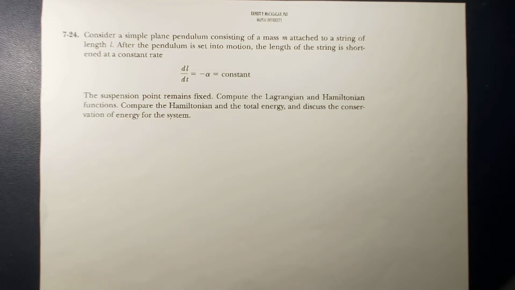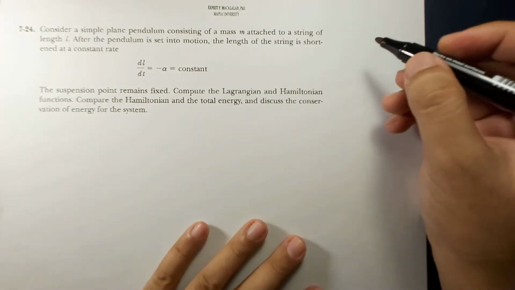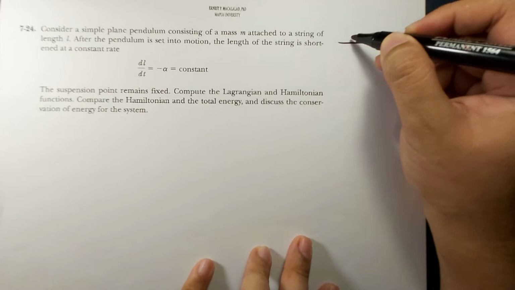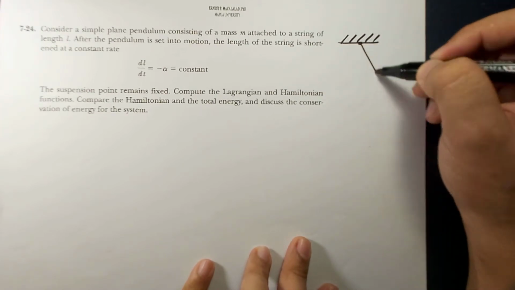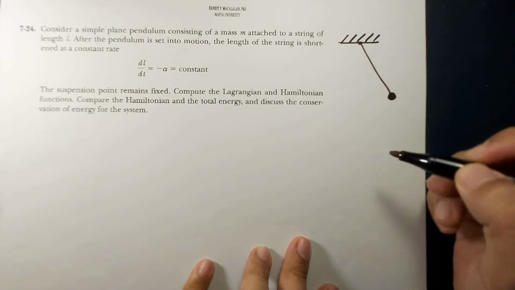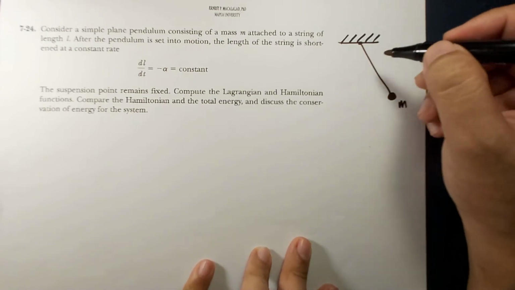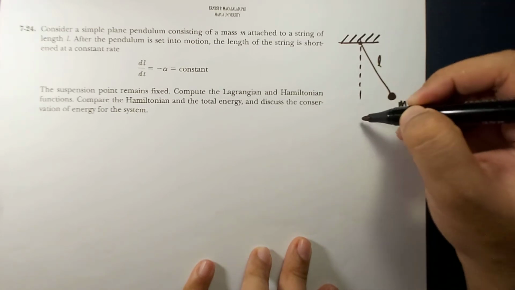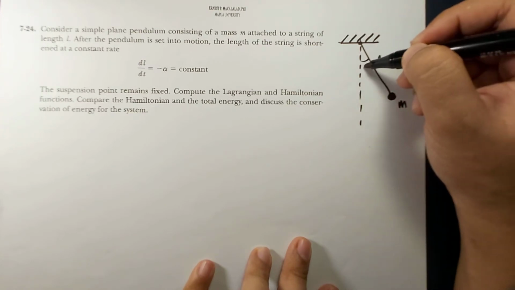Okay, so first let's try to draw the problem here. If you have a simple pendulum, where this is your support and this is the mass and this is your length, and if this is your vertical, let's say this is your theta.